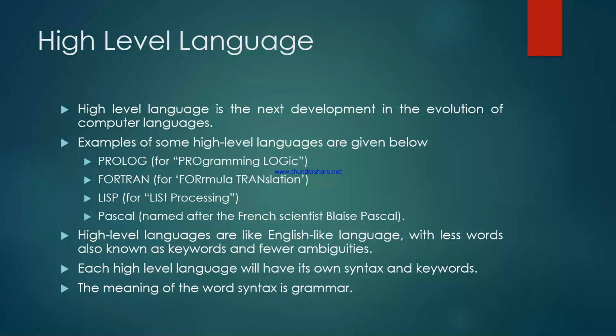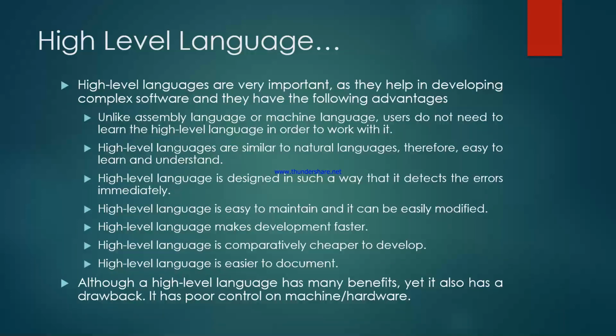The meaning of the word syntax is grammar. Syntax means grammar. High level languages are very important as they help in developing complex software, and they have the following advantages over low level and assembly level languages.